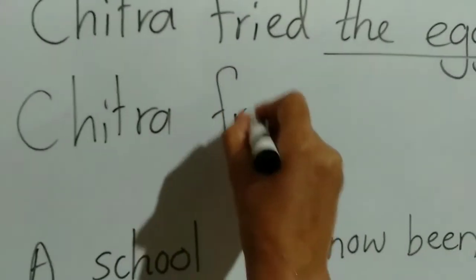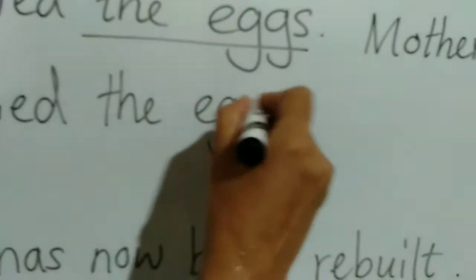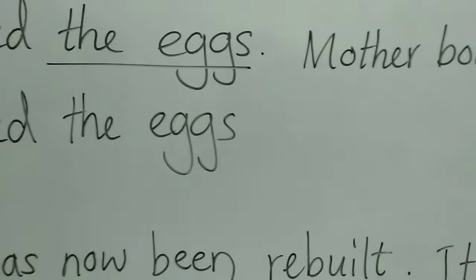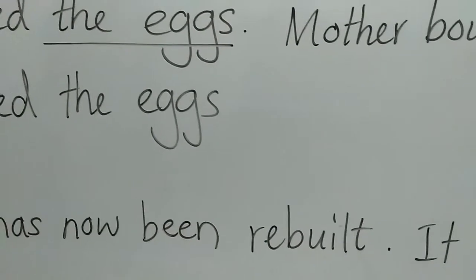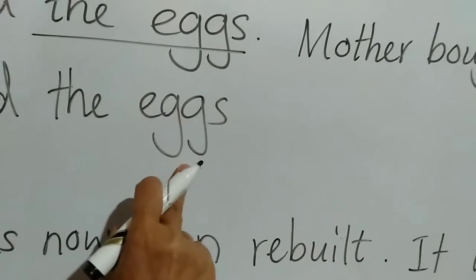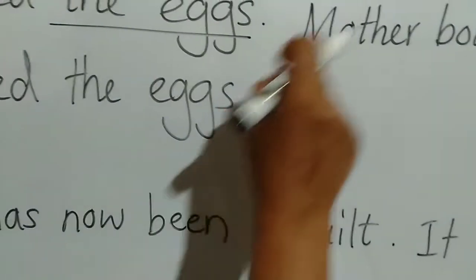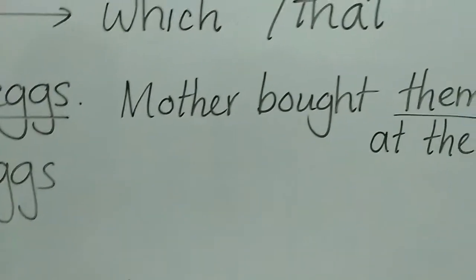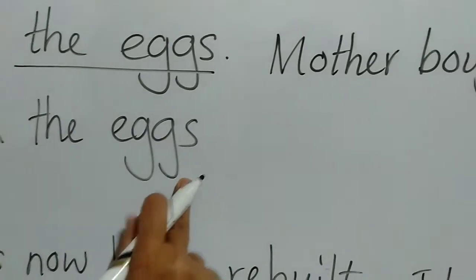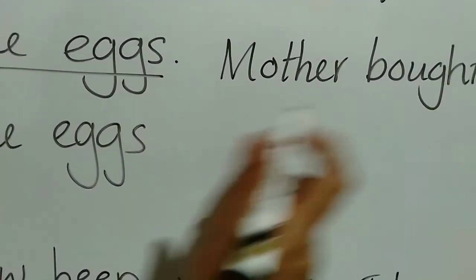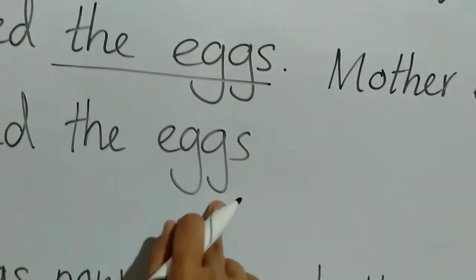Chitra fried the eggs. I taught you in the previous YouTube video, immediately after the noun repeated in the second clause, we place the suitable relative pronoun. What is the noun? We have found it now, the eggs.